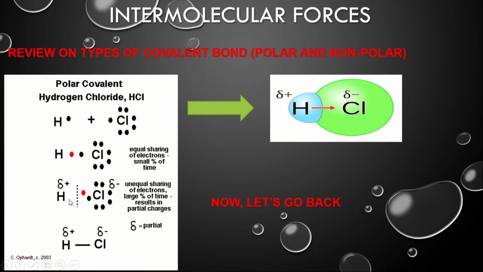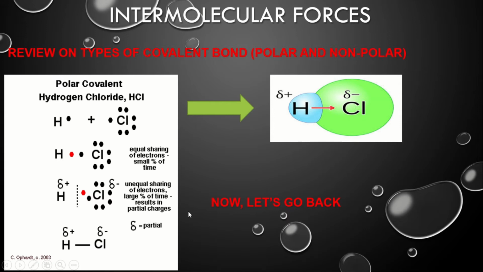Dahil mas malayo ang electron kay hydrogen at ang hydrogen ang matitira dito ay yung nucleus niya which is composed of the proton. Protons are positive. So therefore, since mas malayo yung electron kaysa kay hydrogen, hydrogen now will have a partial positive. Bakit hindi pwedeng positive lang? Bakit hindi pwedeng negative lang? Bakit kailangan na partial?